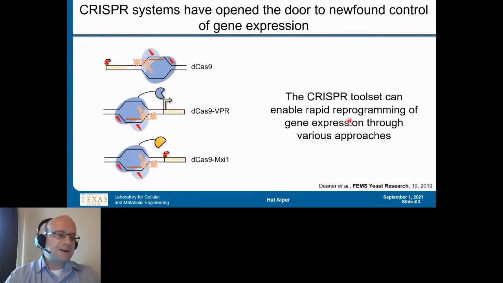CRISPR, needless to say, has been talked about in this overall conference so far, is a great tool to endow newfound control of gene expression. We have ways to either encode changes into the genome, to change activation, to change repression in a tunable, programmable, modular fashion.